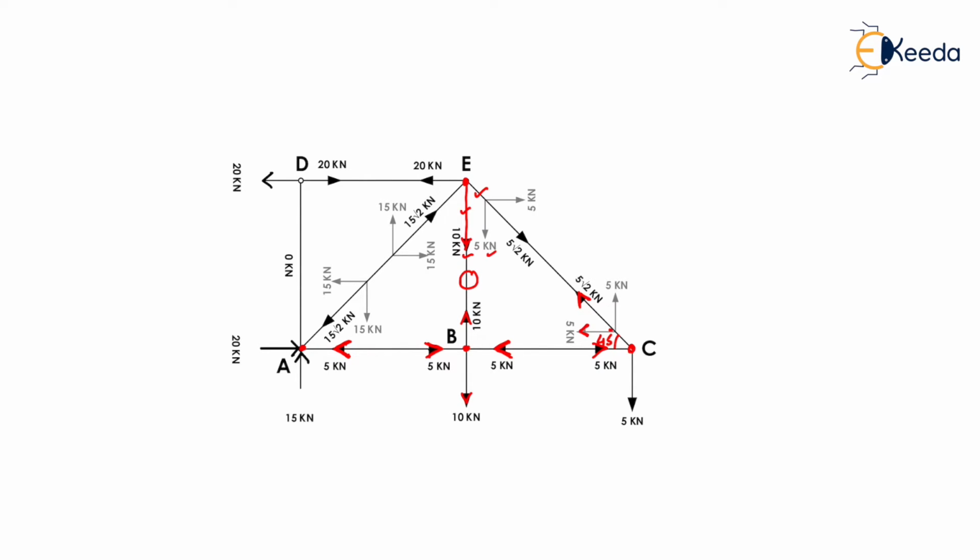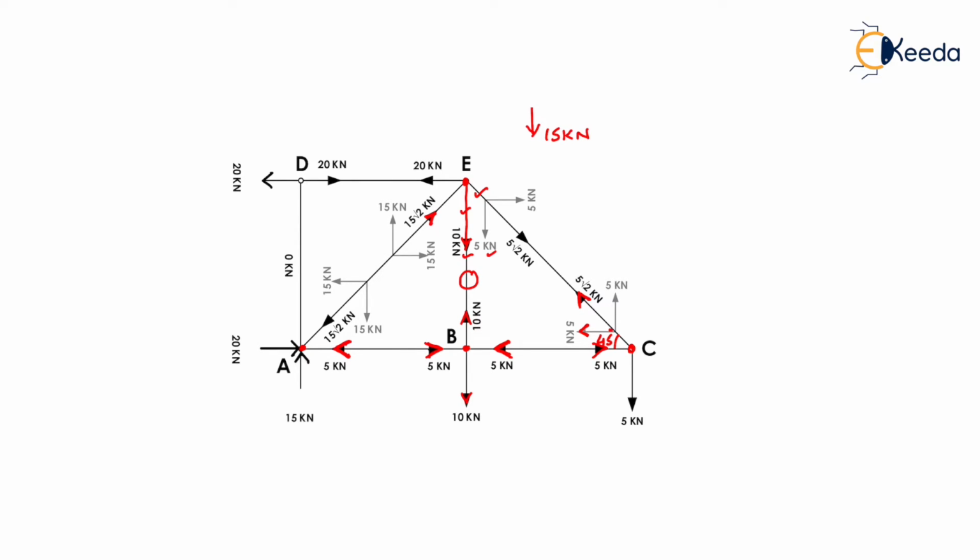So the total magnitude of force acting in the downward direction at E will be 15 kilonewton. Now to balance this 15 kilonewton downward force, we need to create an upward force. So we have made an upward force like this in the inclined member AE.